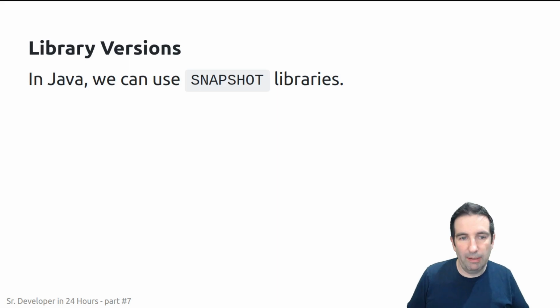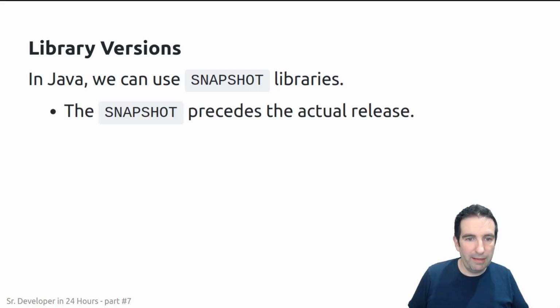So how does this work? For example, if we're working with Java, we can use what is called snapshot libraries. This is relevant if we're using something like Maven or Gradle. They use basically the same mechanism. And the idea is that a snapshot artifact precedes the actual release of the artifact.